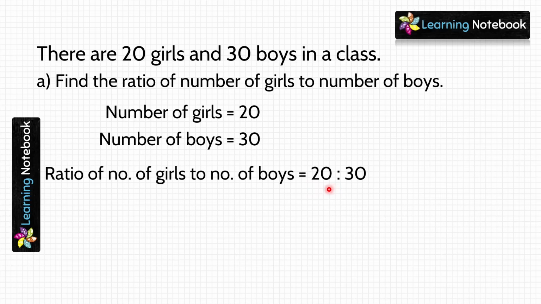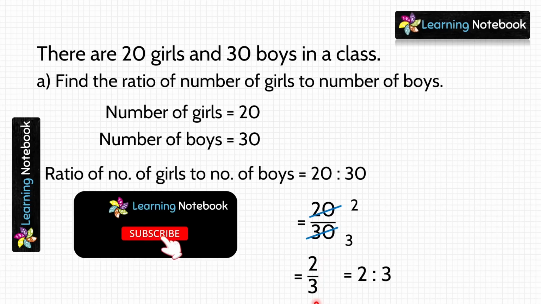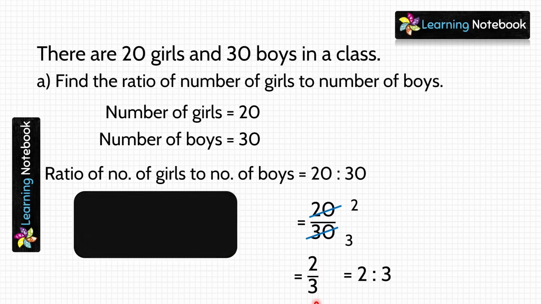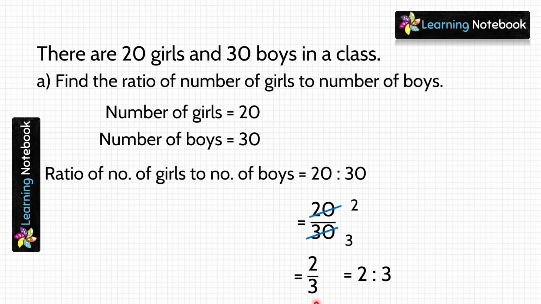Both the terms have common factor 10. So, let's simplify it. Divide both numerator and denominator by 10. We get 2 by 3, which is in the simplest form. So, we have got the ratio of number of girls to number of boys as 2:3.